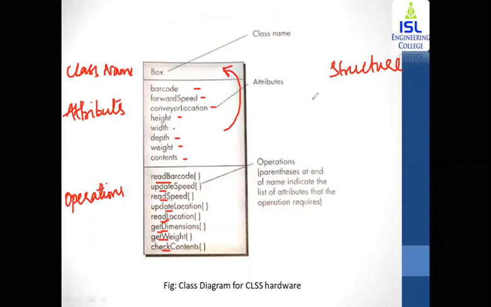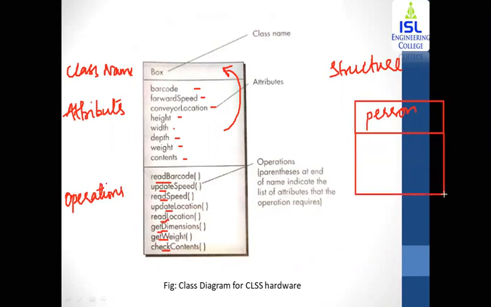Now if we take a simple example for a particular person, if we draw a class for person, we'll have the first compartment, second compartment, third compartment. This is the example that I'm taking. The class name is person.